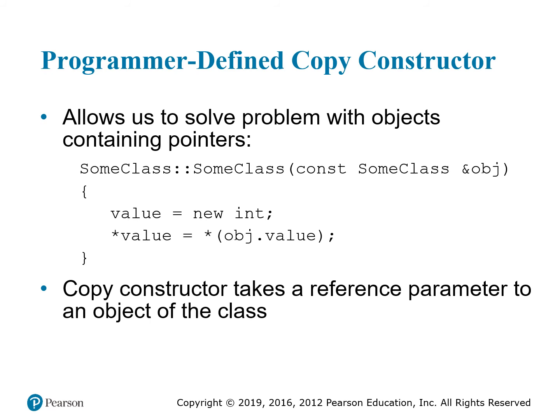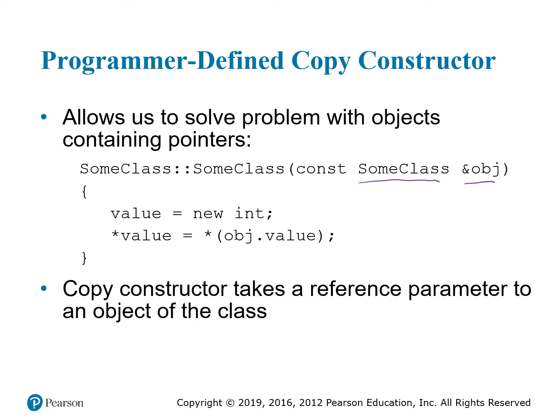So a way to do that is to create a constructor that takes some class object reference as a parameter, and then takes star object value, what it's pointing to, and copies it to star value.